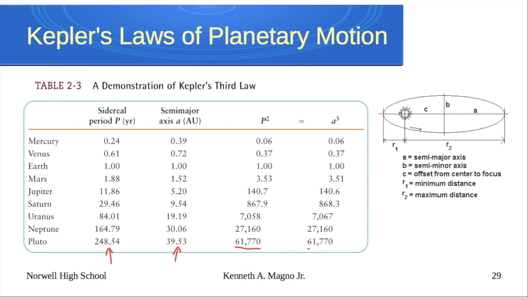When I cube the semi-major axis, I get 61770. Pretty much the same value, right? Exactly, almost. So if I divide those over each other, I get 1. If I go to Earth, 1 over 1, I get 1. If I look at Mercury, the squared and cubed, 0.06 over 0.06 would be 1. So we see that for the Sun, the way we defined everything based on Earth, the relationship becomes 1.